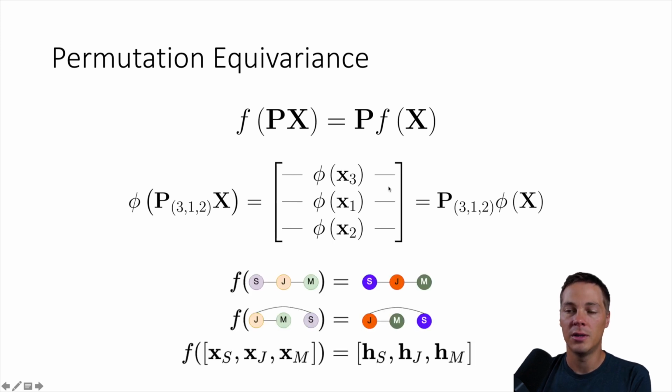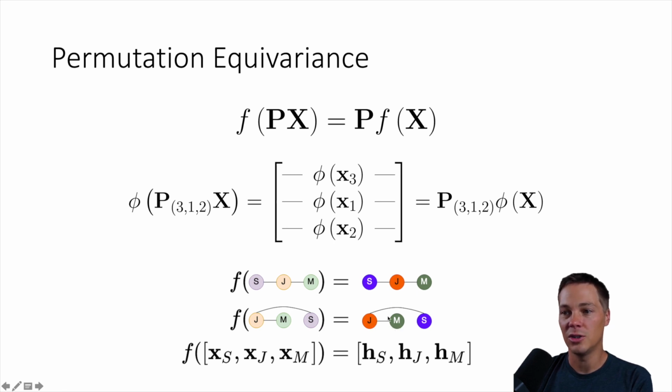And to demonstrate this with our simple example, if we applied this permutation equivariant function to this ordering of our little graph, we would maybe get this thing out. Whereas if we shuffle around the inputs, we would get this other thing out where all of these things are the same in terms of value.